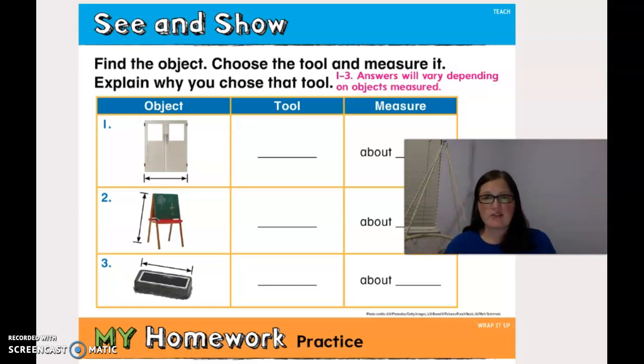You can go out and measure them and choose the tool that's going to make more sense. If you don't have a meter stick, you can find tape measures that have centimeters and meters. Mine, for some reason, doesn't. So good luck to you, and I'm excited to see all of your awesome work.